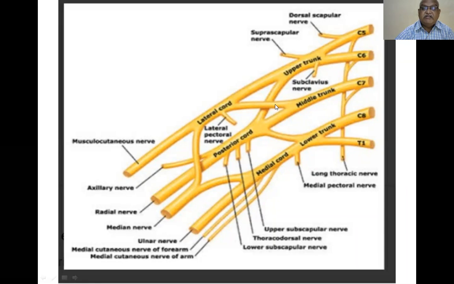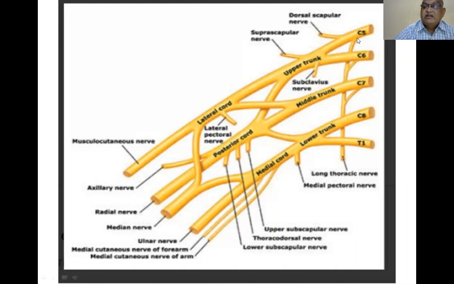The anterior divisions of the middle trunk and upper trunk unite to form the lateral cord, and the posterior divisions of the upper trunk, middle trunk and lower trunk unite to form the posterior cord. So I have clarified how the formation of the brachial plexus occurs.